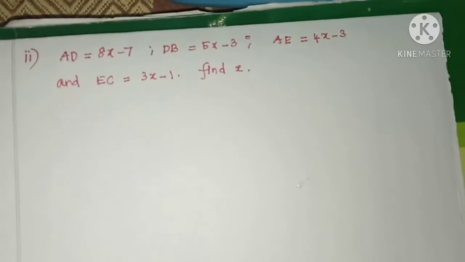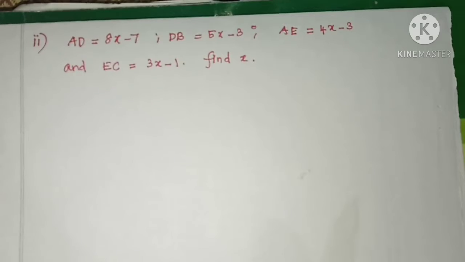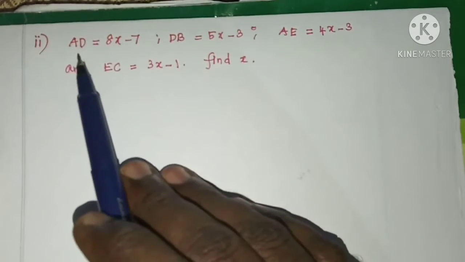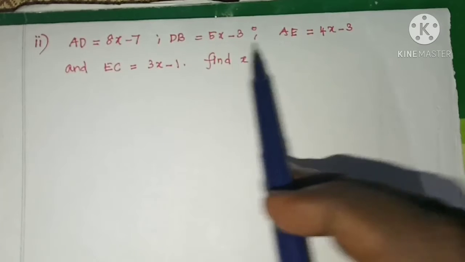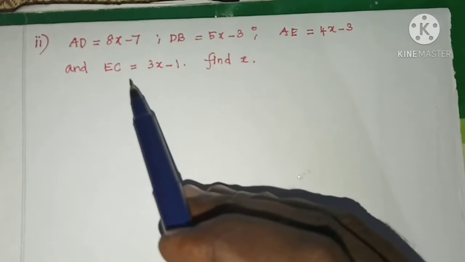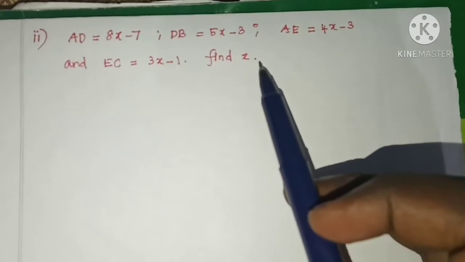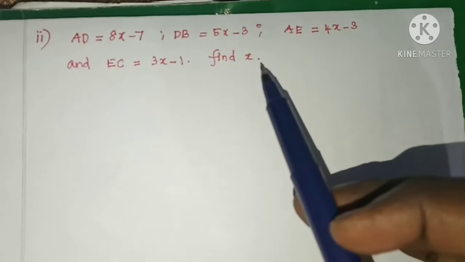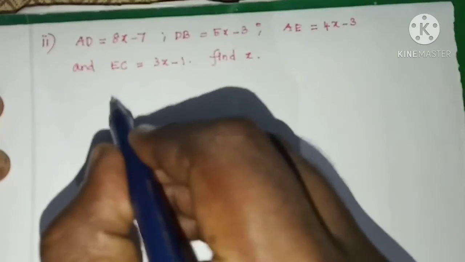Exercise number 4.2, question number 1, second subdivision. The question is AD equal to 8x minus 7, DB equal to 5x minus 3, AE equal to 4x minus 3, and EC equal to 3x minus 1. The unknown value is x. Here all the 4 values are given, and we are going to find the value of x.